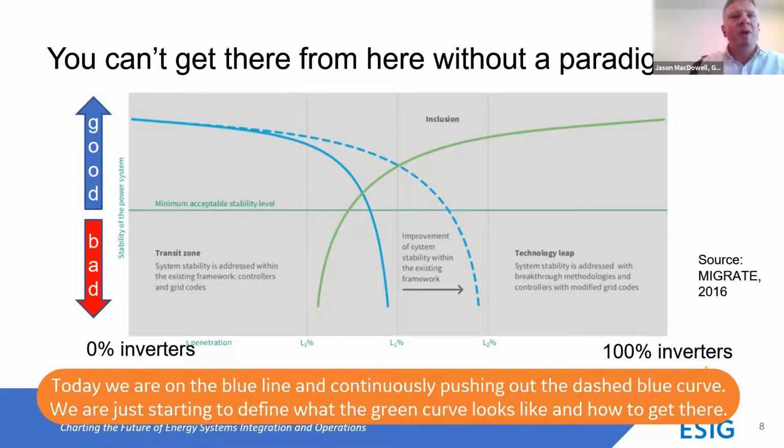And looking at where we are today on the blue line, pushing the limits of the capabilities of equipment, pushing the capabilities of inverter-based resources to have a little bit more capability to maintain stability, to support frequency and voltage in different ways, to push a little bit more power over the network is certainly something that we've gotten good at over the past many years as we're growing the penetration.